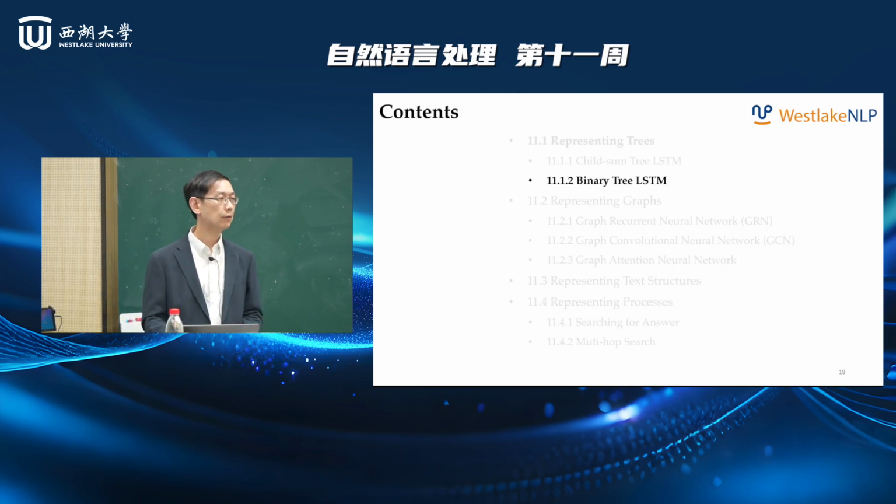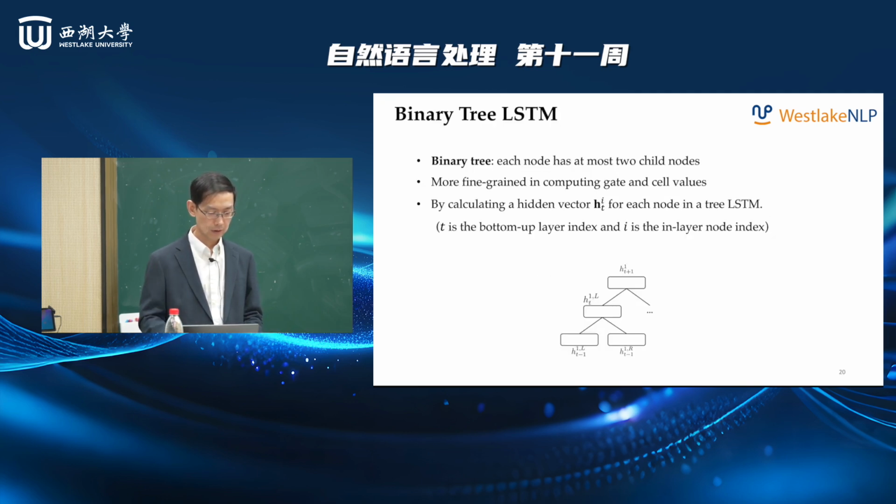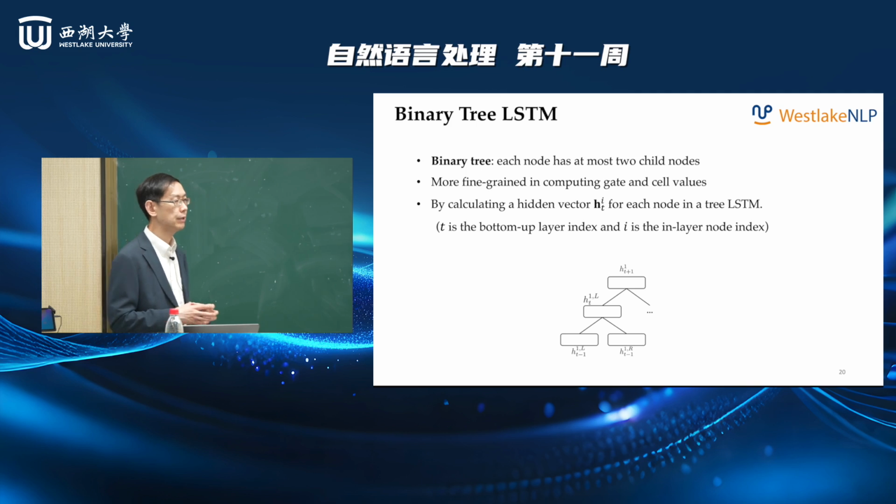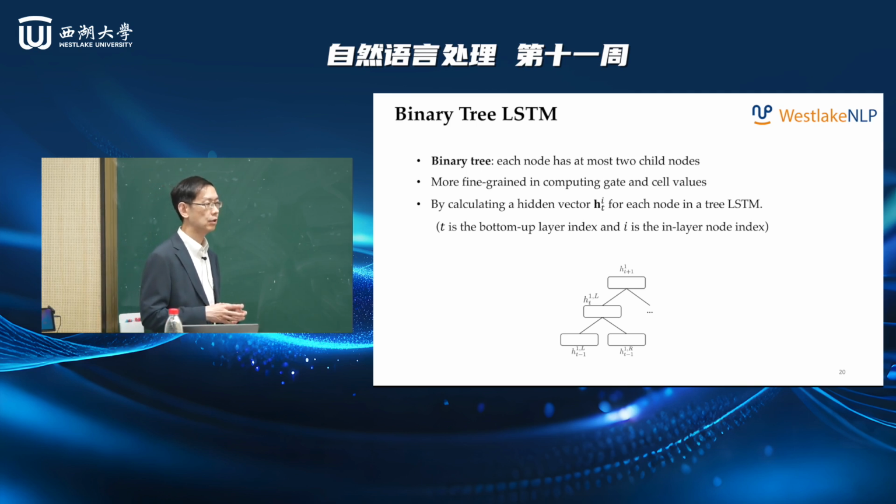If we have a binary tree, we don't even have to aggregate the hidden nodes. Why? Because now I know how many children each tree node has. If I know how many children each tree node has, I can name them.